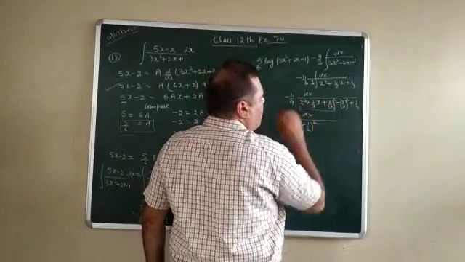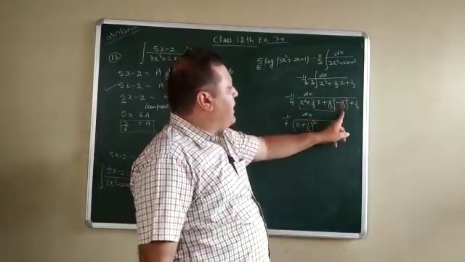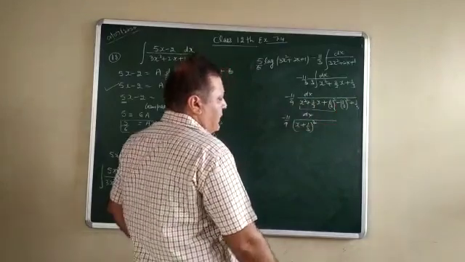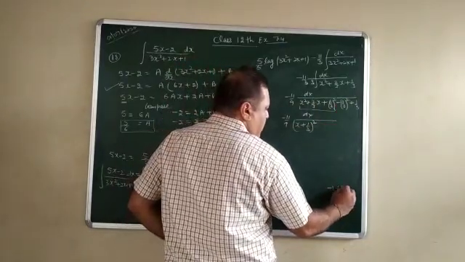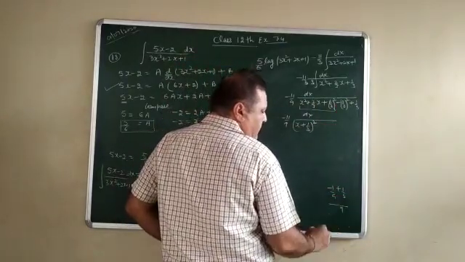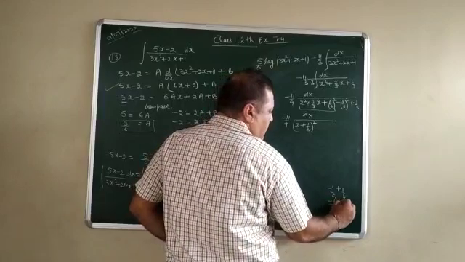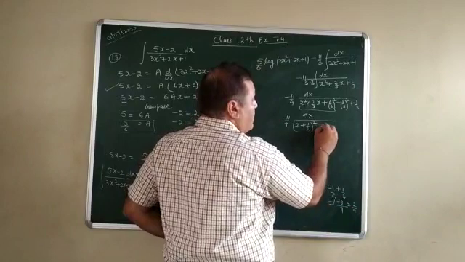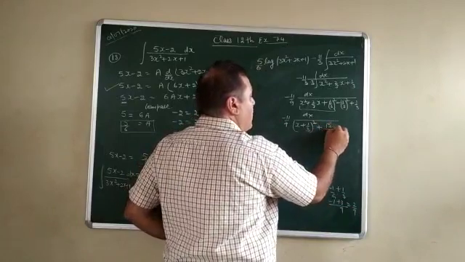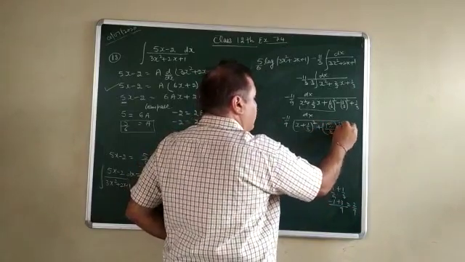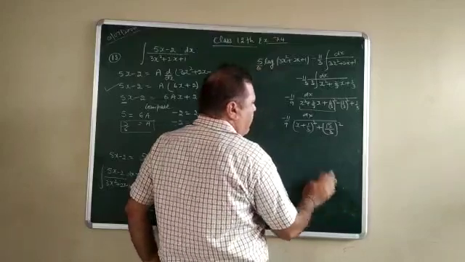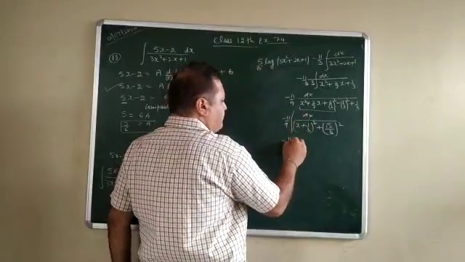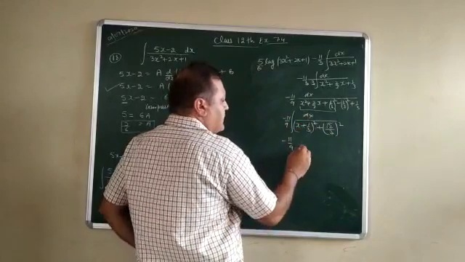Then minus 1 by 9 plus 1 by 3, LCM 9, is minus 1 plus 3, that is 2 by 9. So 2 by 9 means root 2 upon 3 whole square.